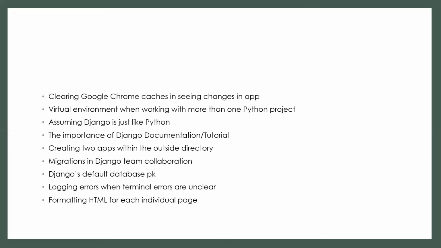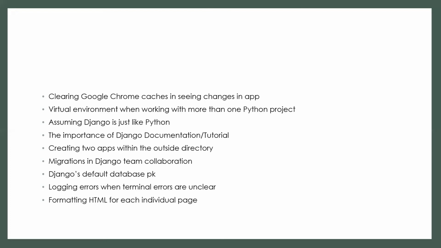That gave us a fundamental understanding of models.py, views.py, and urls.py, and how all those different components are working together to make your app do simple things and show the user something on your front end.